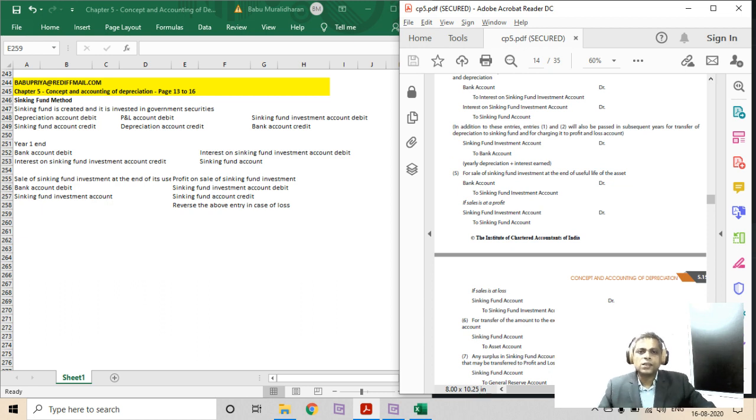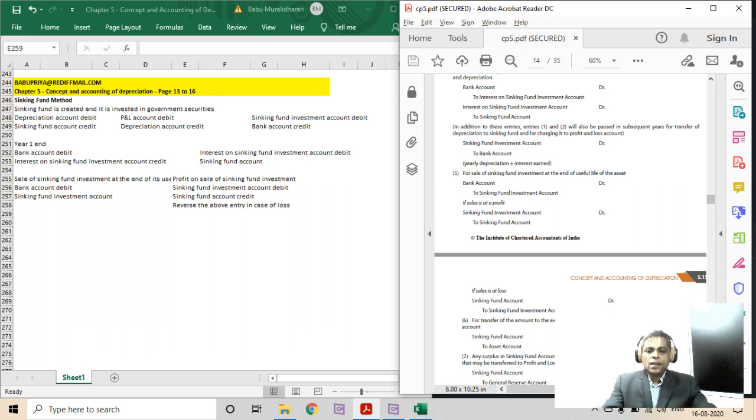The 100 rupees now will not be the same 100 rupees when we have to reinvest it for 3 years, 4 years, 5 years, when the asset has to be replaced. So in the annuity method, it considers what would have happened if this is invested elsewhere, and that component is added to the depreciation. In the sinking fund method, the amount is actually invested, which is a better practice, so that it can earn income also. That interest also gets reinvested, so that the money is available when the asset has to be replaced after its useful life.